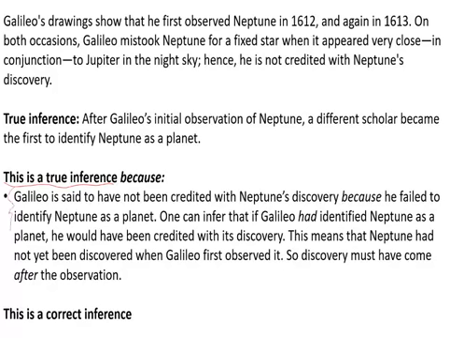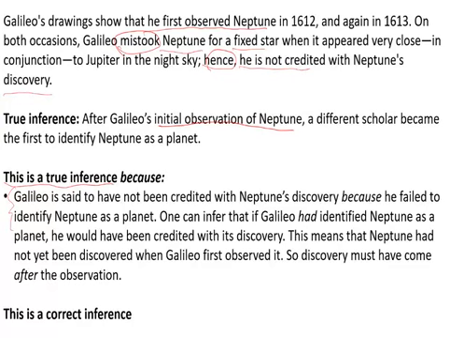So, it says that Galileo's drawings show he first observed Neptune, that would be the initial observation of Neptune here, in 1612. And it says that he observed it again in 1613 and then made a mistake. He mistook Neptune, and Neptune by its very definition is a planet. That's the definition of Neptune. He mistook it for a fixed star. And it said because of this, hence, he is not credited as the discoverer of Neptune.